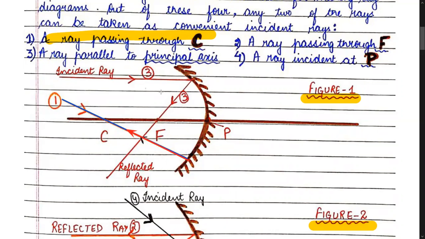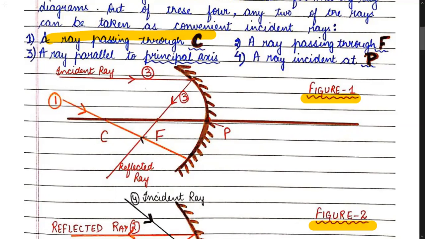So students, if a ray is passing through center of curvature, it will strike the reflecting surface of the mirror and it will get reflected in the same direction. So this is our first rule.